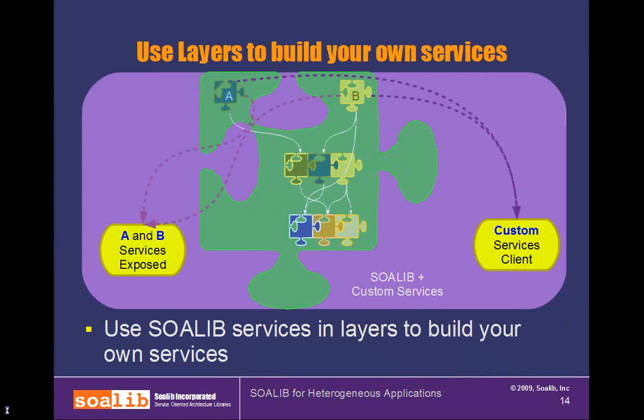In the next example, you're building service A and service B, and all these services are relying on some of the services that SOALIB provides and some of the services that you write. And that's how you can take advantage of SOALIB.